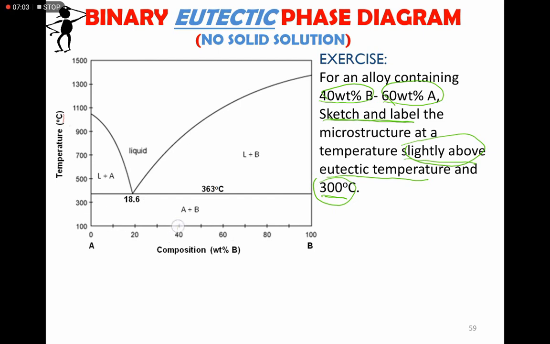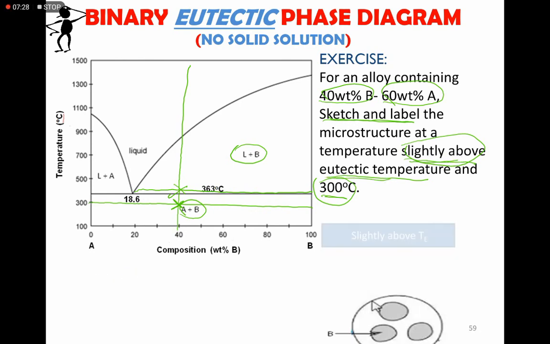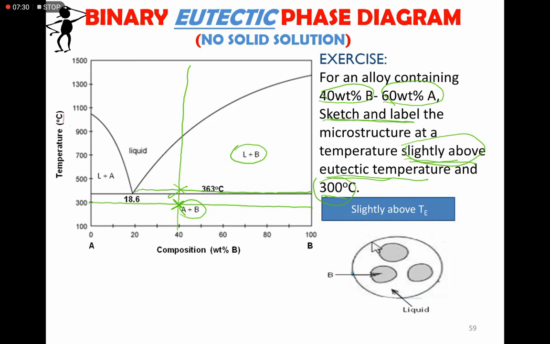Same as before, 40% B. Slightly above is here, and you get the region liquid plus B. And 300 is here, and you get phases present A plus B. Now we solve first for slightly above the eutectic temperature. You get the answer liquid plus B.